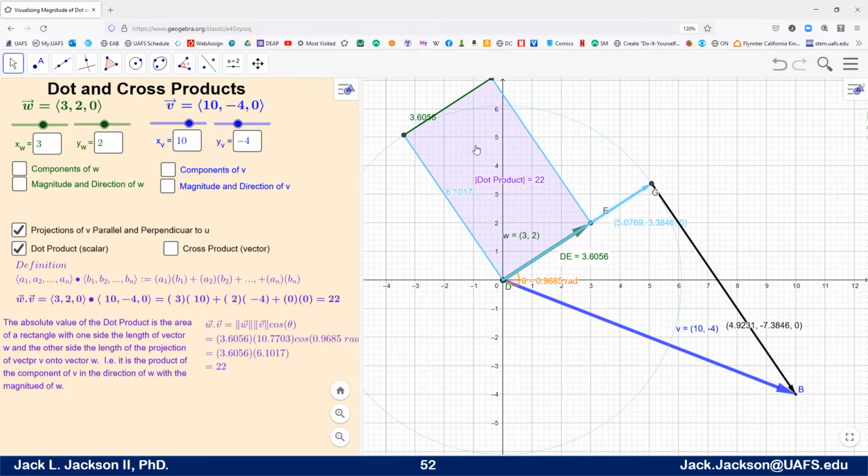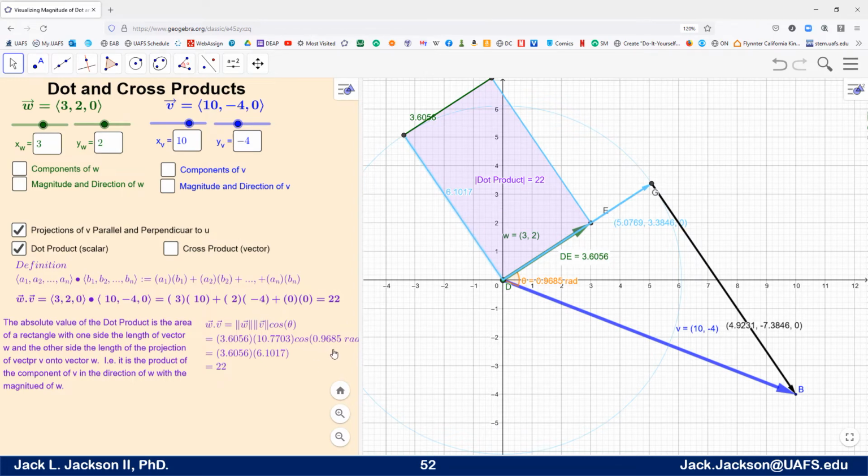So that makes an area here, and I just took this light blue vector, the projection, and rotated it around to get this side right here. There's its length, 6.107, which is the norm of V times the cosine of the angle theta between them. Multiply that by the length of vector W, and you get this purple area here. 22 is the dot product.